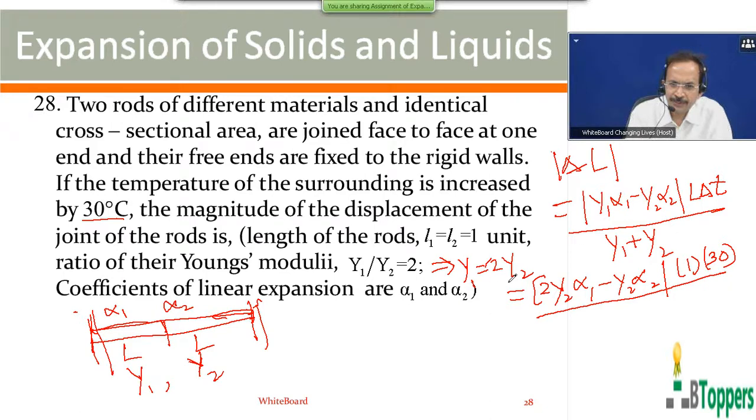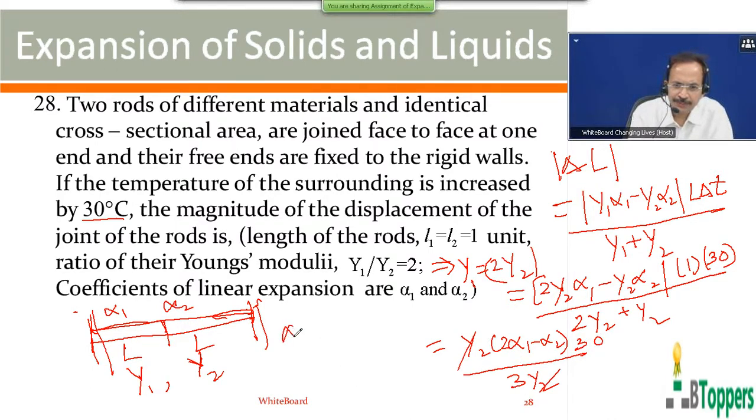For Y1 you substitute 2Y2 in the denominator also. So you can take Y2 common in the numerator, and the denominator gets 3Y2, so Y2 gets cancelled. So the magnitude of the displacement of the junction between the two rods will be equal to 10 into (2 alpha 1 minus alpha 2).